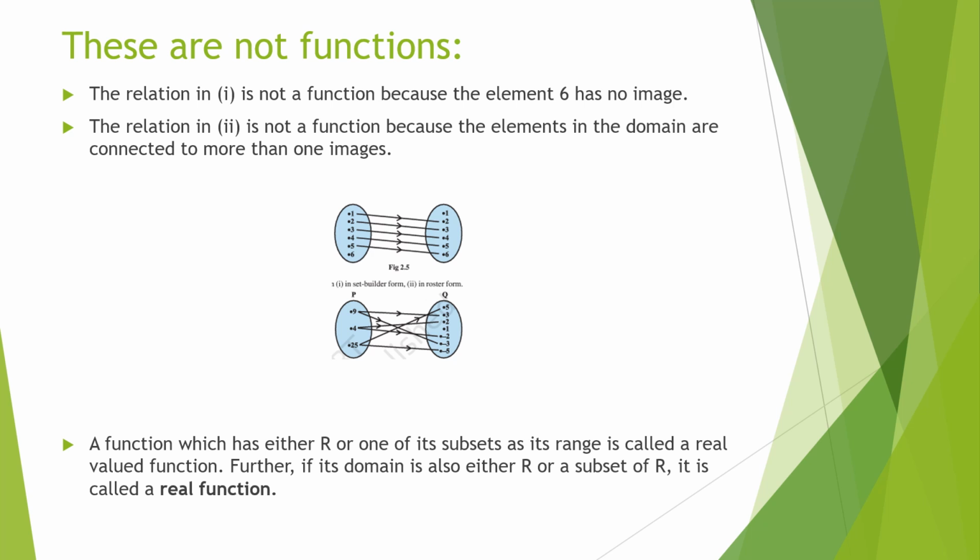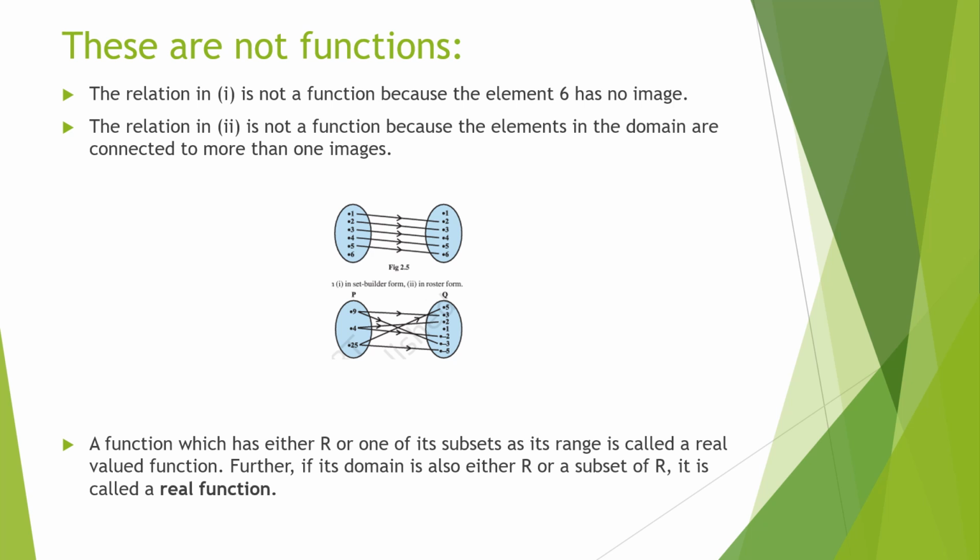The relation in the second diagram is not a function because the elements in the domain are connected to more than one image. No two ordered pairs should have the first element same, but that is not satisfied over here. You can see that there are many ordered pairs which have the first element same in the second case. So it is also not a function.